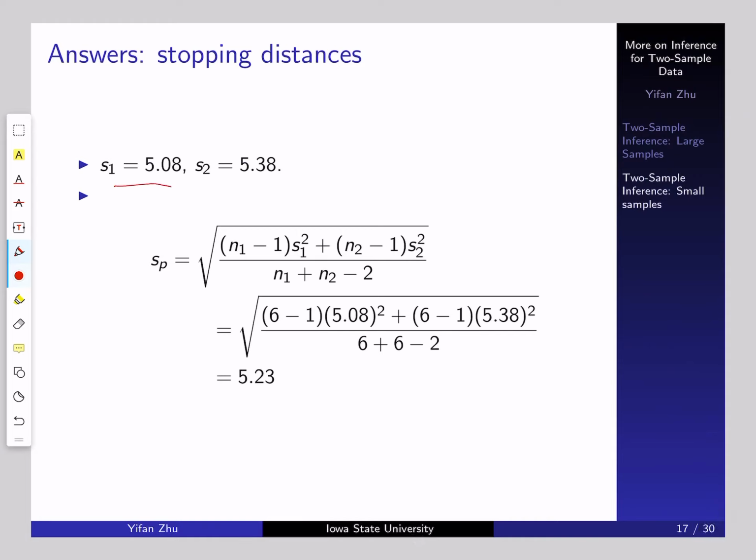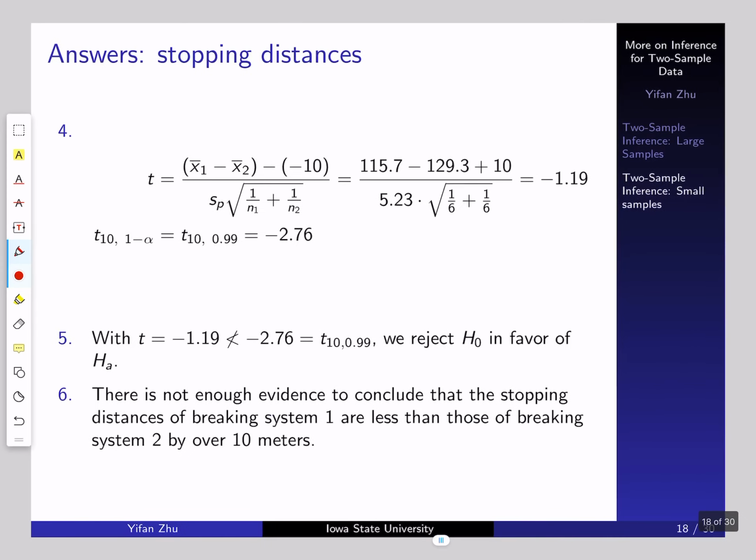And we plug in S1, S2, we get the pooled sample standard deviation 5.23, and we plug in the sample mean and the pooled sample standard deviation. We get a test statistic.